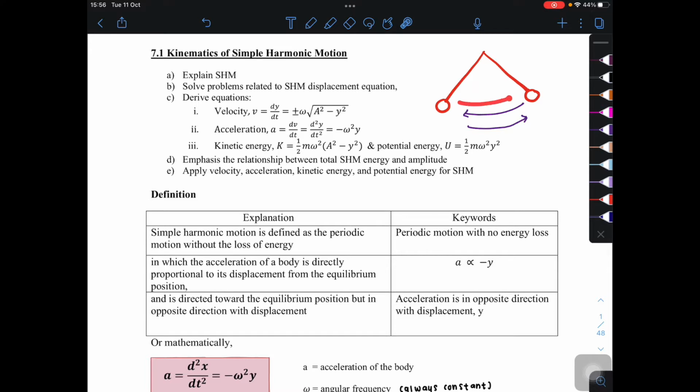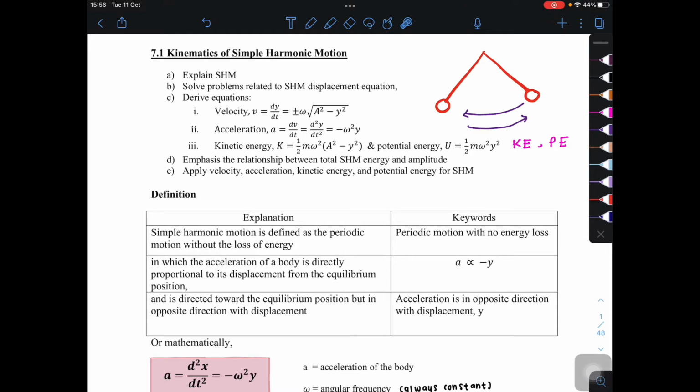Since dia adalah motion, dia bergerak with some sort of velocity, so dia akan ada what we call kinetic energy. And then since the object is moving from one point to another point, so kita ada dua point yang berbeza. When we have two different points, meaning that we have a displacement here, meaning that we have a potential energy. So ada dua energy yang terlibat lah, kinetic energy and also potential energy.